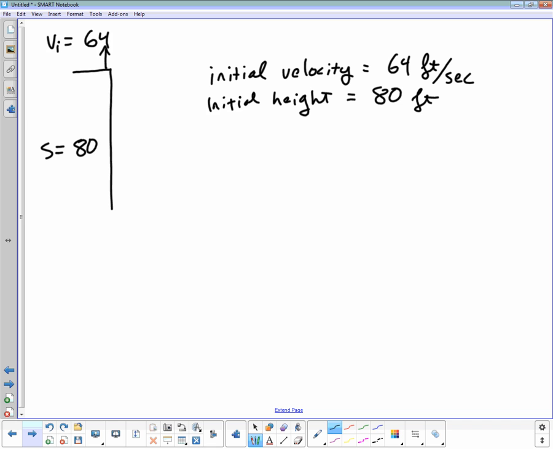Now, the position, okay, now let's go into this a little bit. We have position, velocity, and acceleration. If I take the acceleration and then take a derivative with respect to time, I get velocity.